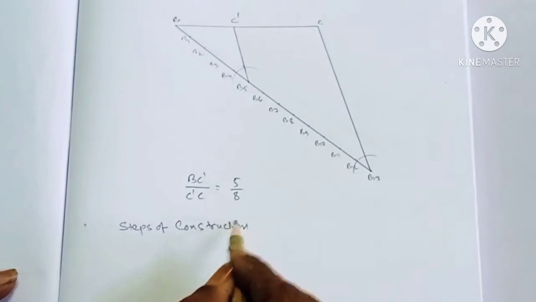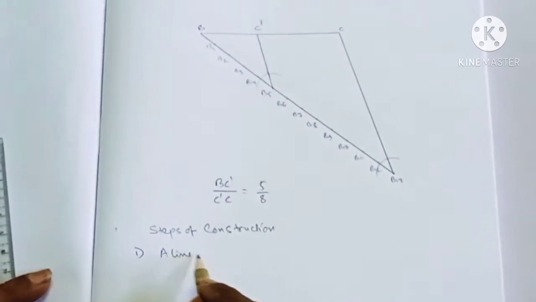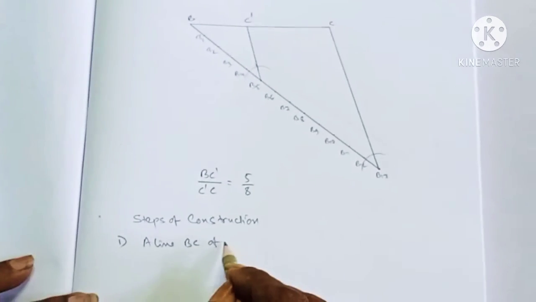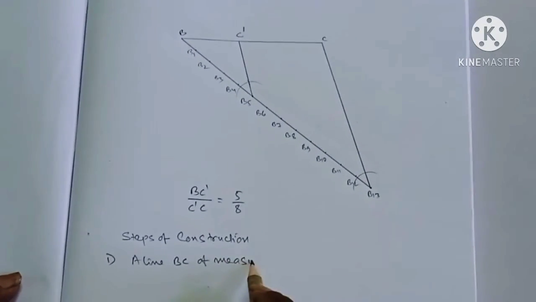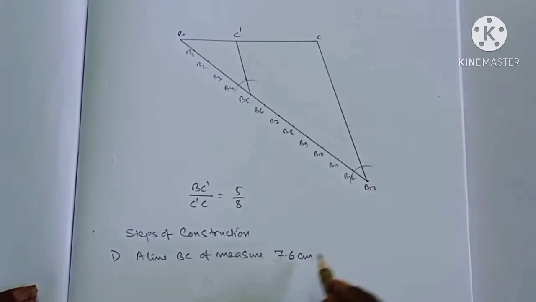So to write the steps of construction: first, a line BC of measure 7.6 centimeter is drawn.